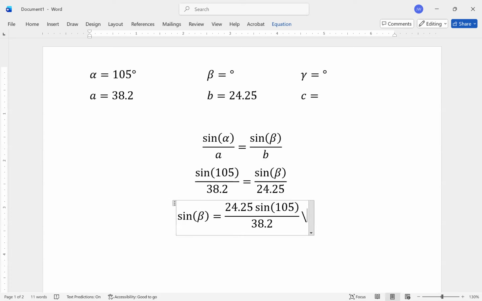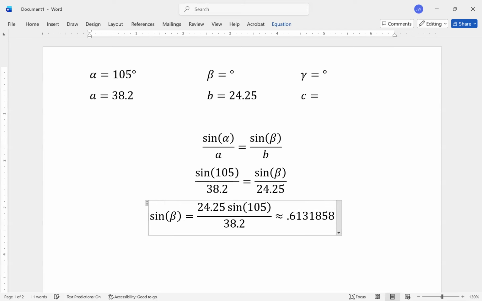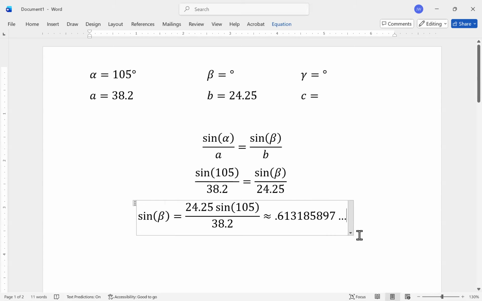Which, by the way, if you calculate that, you end up with about 0.61318, and it would keep going from there. So something of that value.